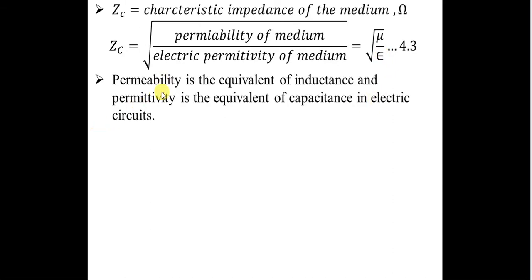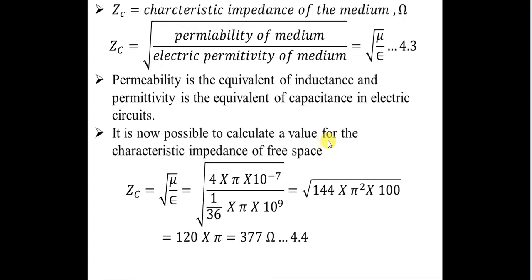Permeability is equivalent to inductance and permittivity is equivalent to capacitance in electric circuits. It is now possible to calculate the value for the characteristic impedance of free space. So it is calculated as Zc equals square root of mu by epsilon.